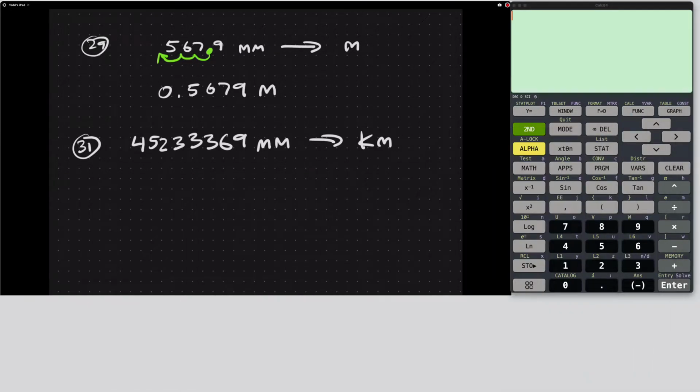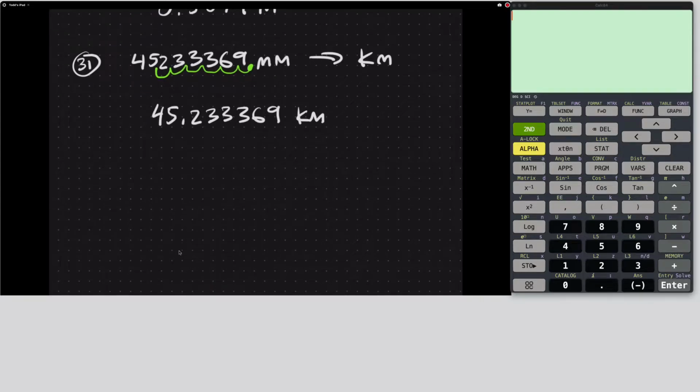So again, we're going to take our decimal, which in this case is at the end there, and jump it 1, 2, 3, 4, 5, 6 times. So what we end up with is 45.23339 kilometers.